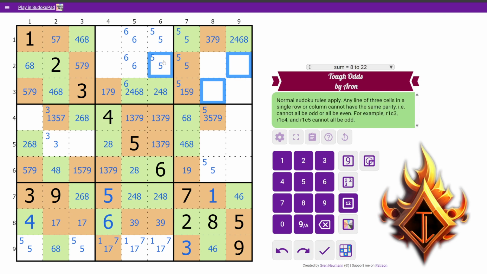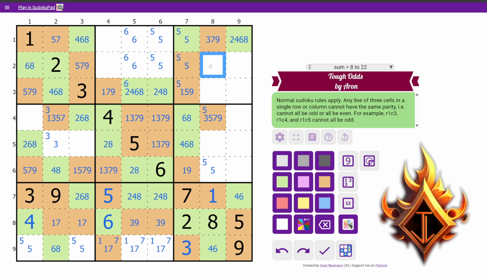And that's going to give us 4 even for this row 2. And those 2 will be odd, which will break it. So that has to be even. And our last even goes over here. So that is odd. Now this one has to be even because we only had 3 in the row. So that is our last odd for this 3x3 box.